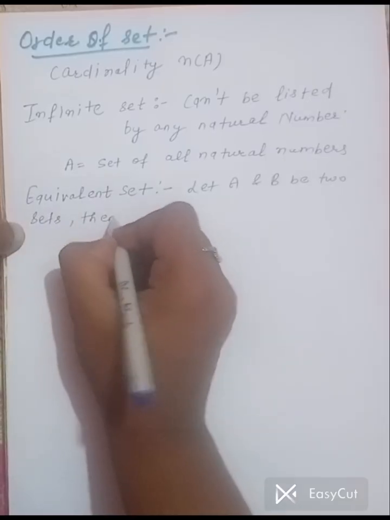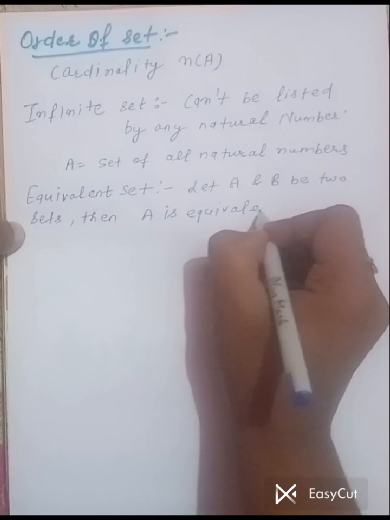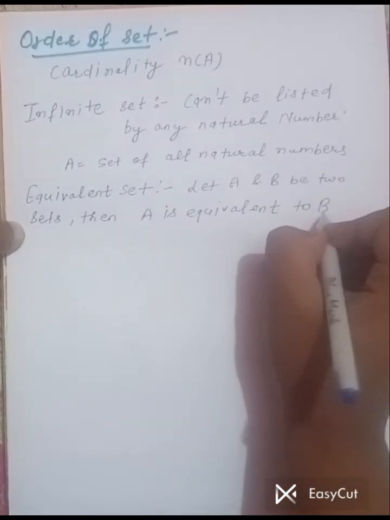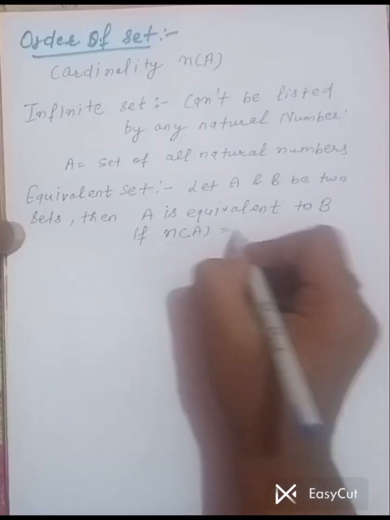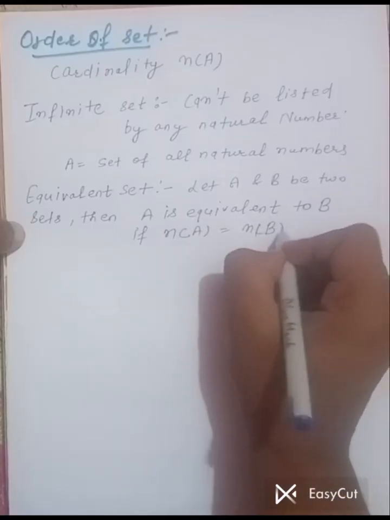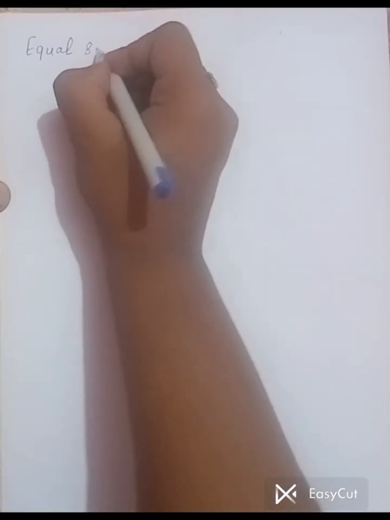Then A is equivalent to B if order of A is equal to order of B.